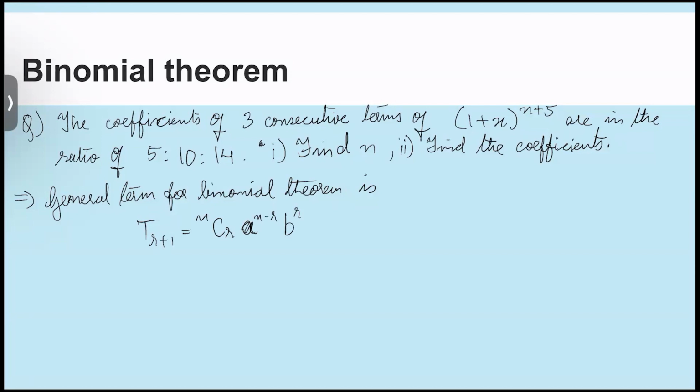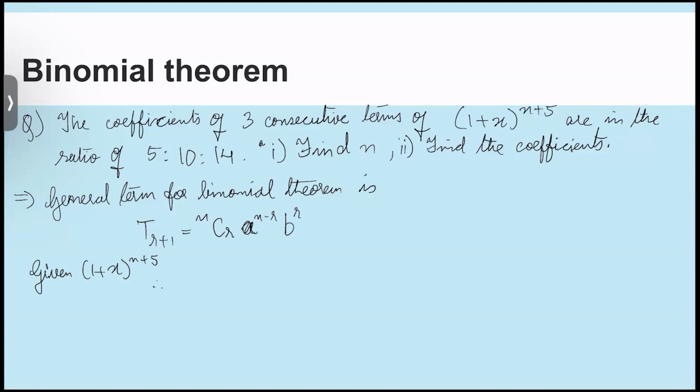In case we are given (1 plus x) raised to n plus 5, here your n is n plus 5, your a is 1 and b is x.